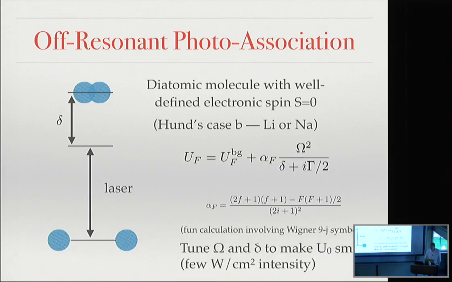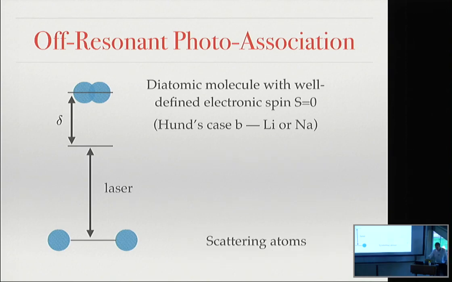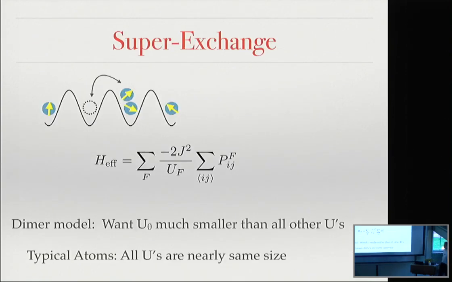You said all the U's are equal. If we have a Feshbach resonance, we can maybe tune one U, which means spin up and spin down, and we could even use the Feshbach resonance to tune it so that maybe U_up-down is 0 or close to 0. Yeah. But this is not the singlet. It's making hyperfine states in the magnetic field, and you don't want the magnetic field, which breaks the symmetry.